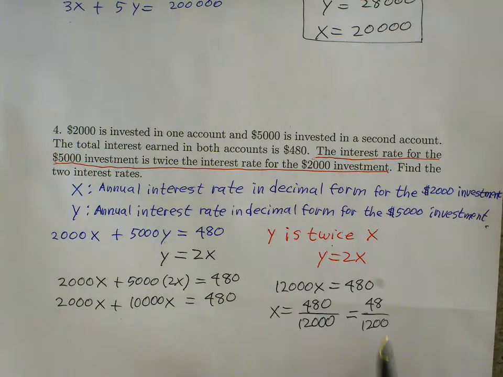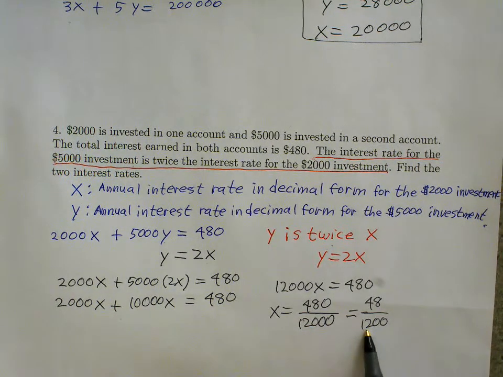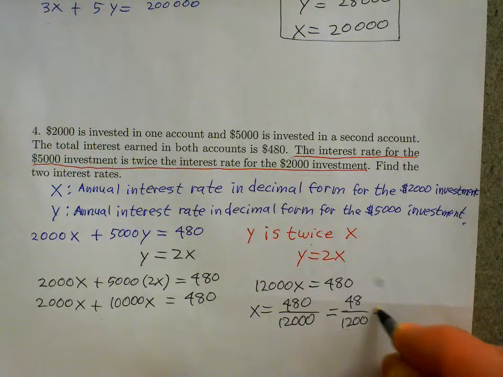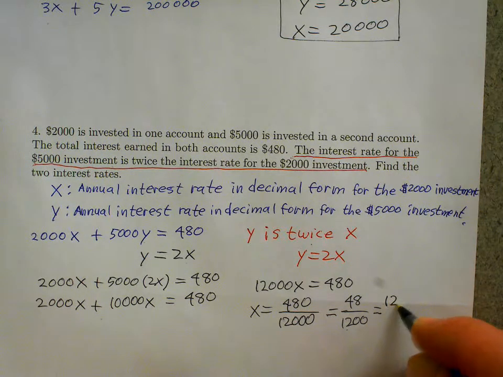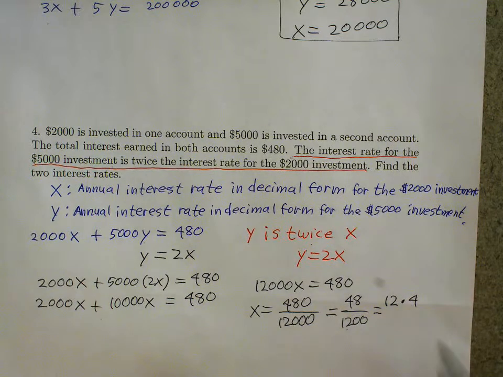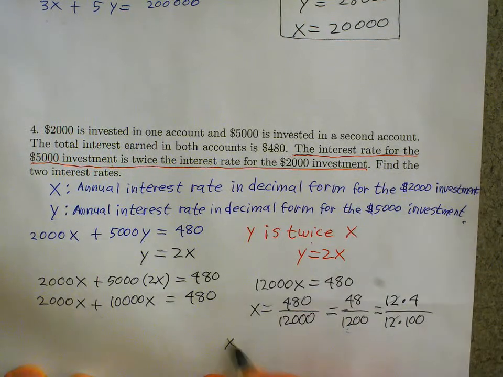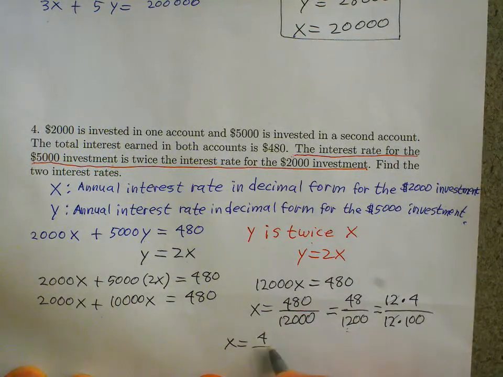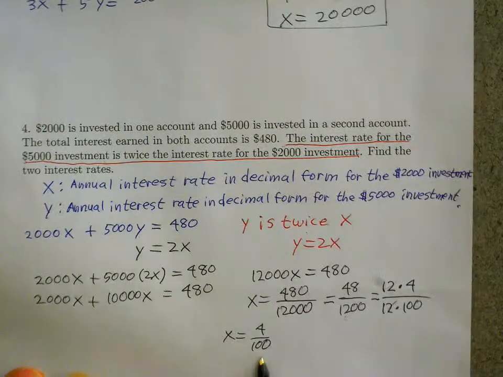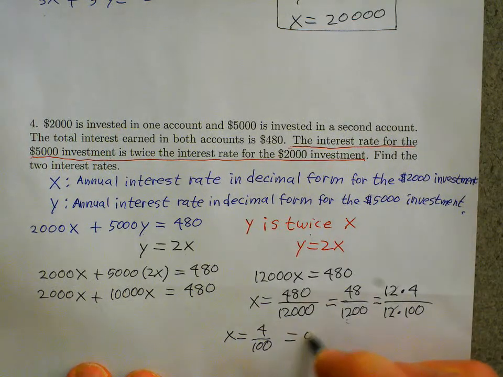Then I can note that 12 times 4 is 48, and 12 times 100 is 1,200. 12 divided by 12 cancels, and so x equals 4/100ths. And this fraction, 4/100ths, in decimal form is 0.04.